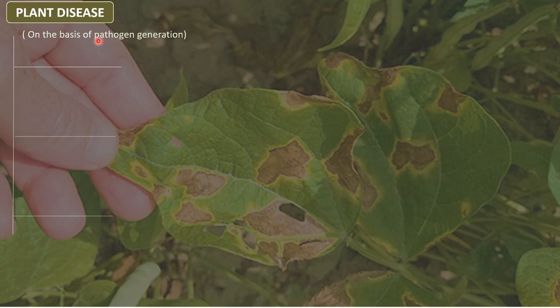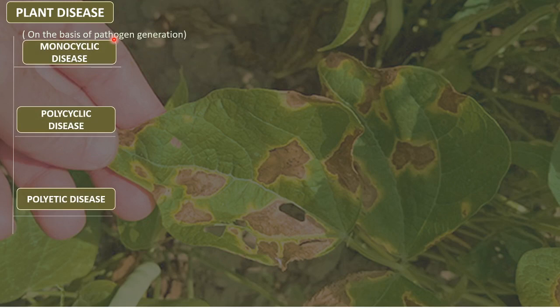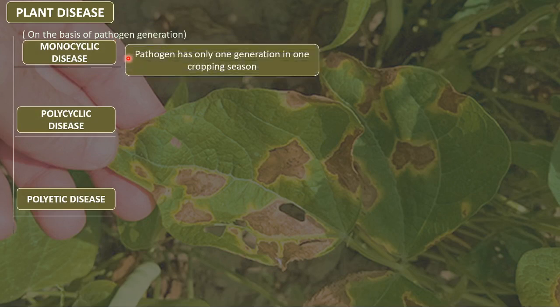That is, on the basis of life cycle, the disease can be divided into monocyclic disease, polycyclic disease, and polyetic disease.